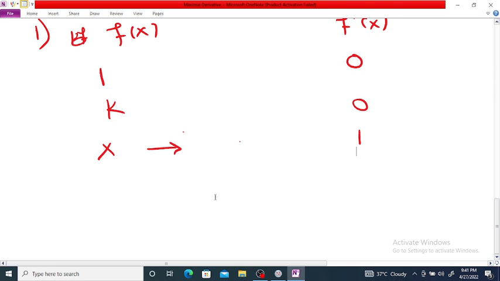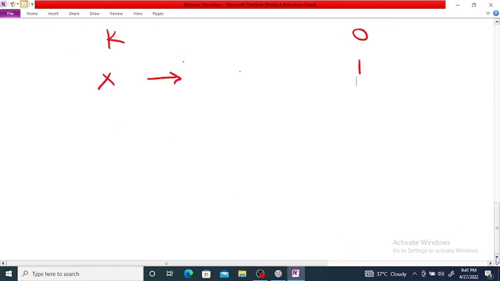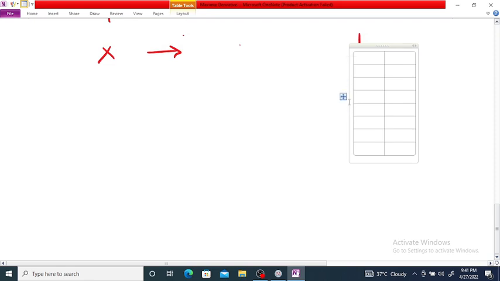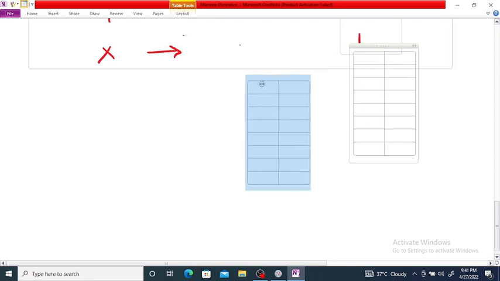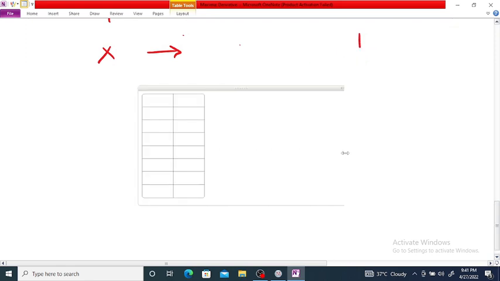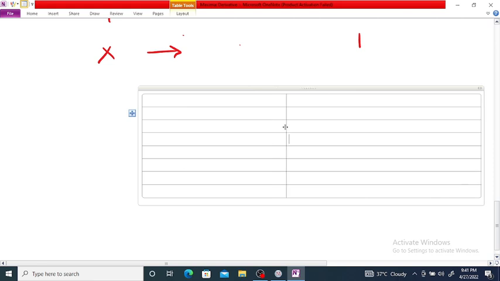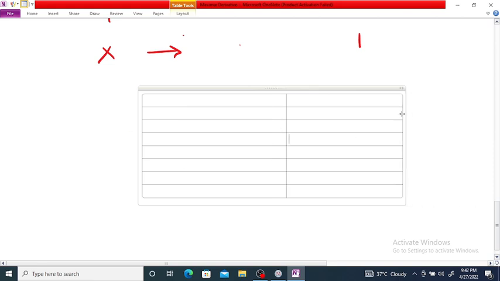Instead of this, we are going to create a table. Here I am writing f of x and f dash x.